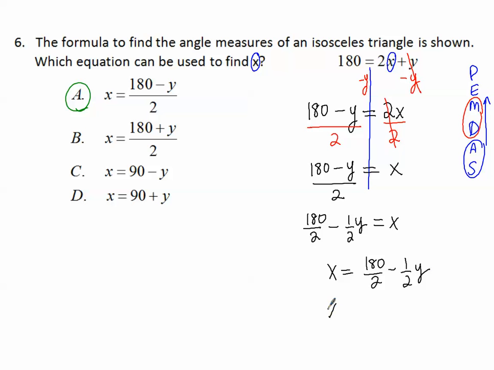And then simplifying, x equals 180 divided by 2 is 90 minus 1/2 y. But see, if I keep going, I don't find the choices here. 90 I do have, but minus y instead of minus 1/2 y.